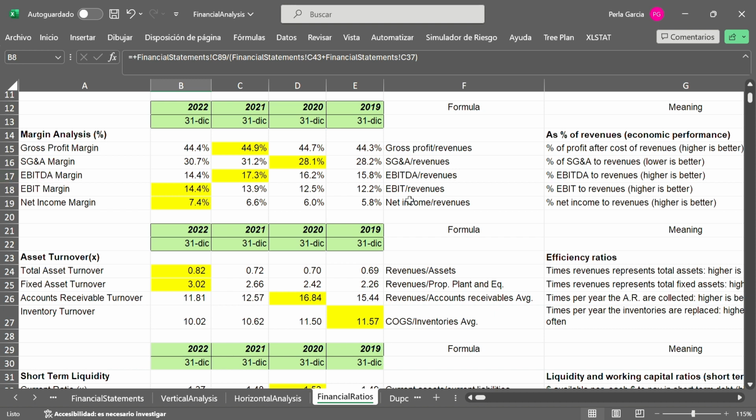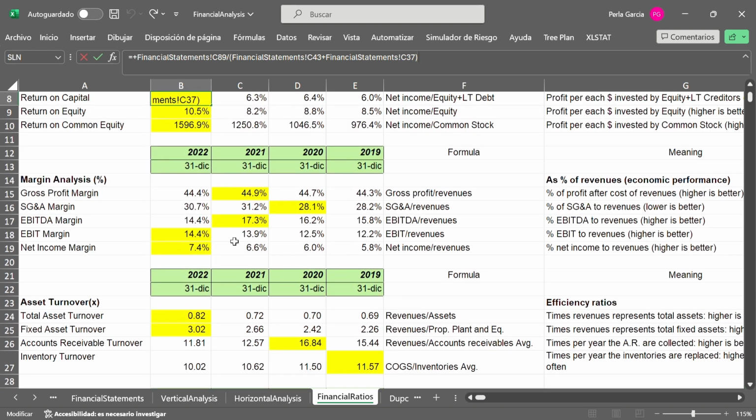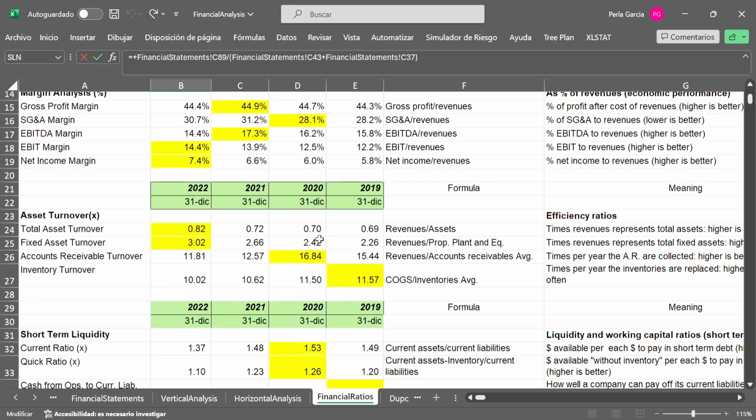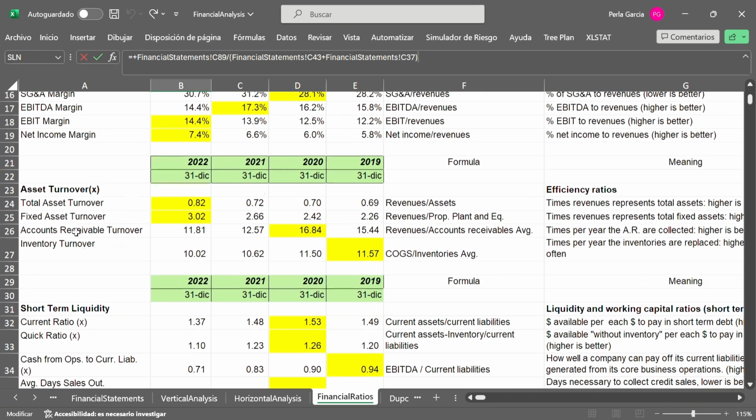So here the EBITDA as a percentage of revenue is 14.54% of the revenue. Then the net income margin, the revenues that represent the net income in 2022, is 7.4%.